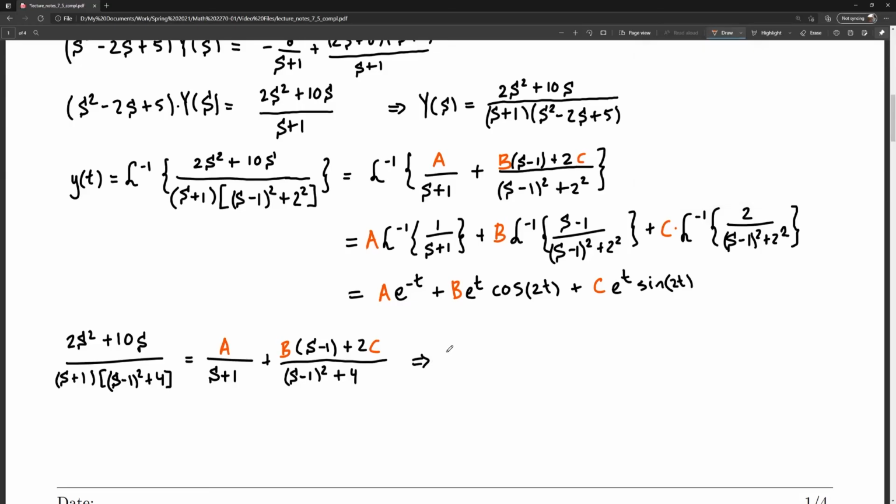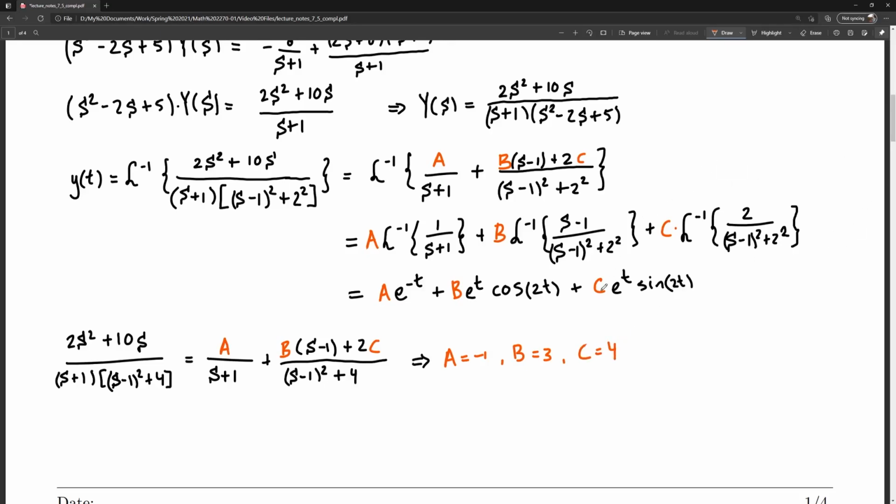But what we'll see here is that A will be equal to negative 1, and then B will be equal to 3, and C will be equal to 4.